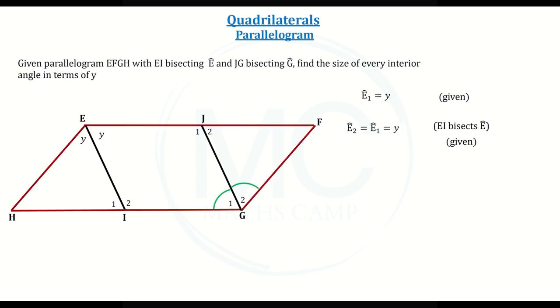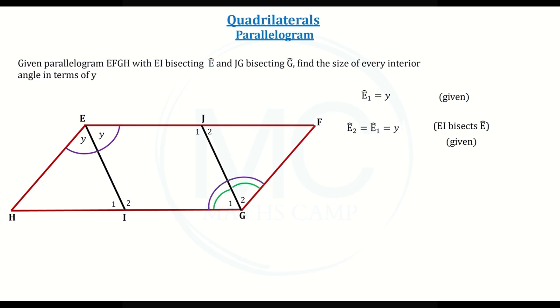In the beginning of this video, we learned that in a parallelogram, opposite angles are equal. This means the whole of angle E, let's mark it in purple, is equal to the whole of angle G. So let's mark it in purple as well.